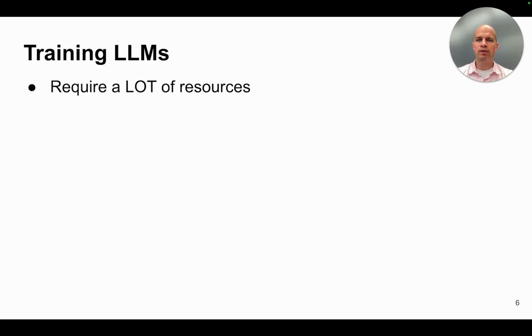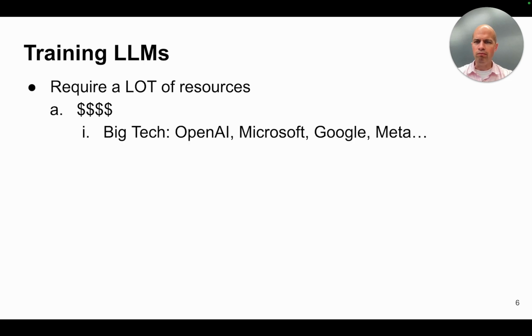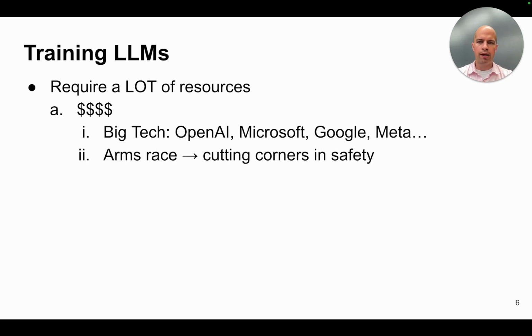Training these LLMs requires a lot of resources, a lot of financial investment. As a result, the best frontier models are owned and operated by big tech companies and invested in by big tech companies: OpenAI, Microsoft, Google, Meta.